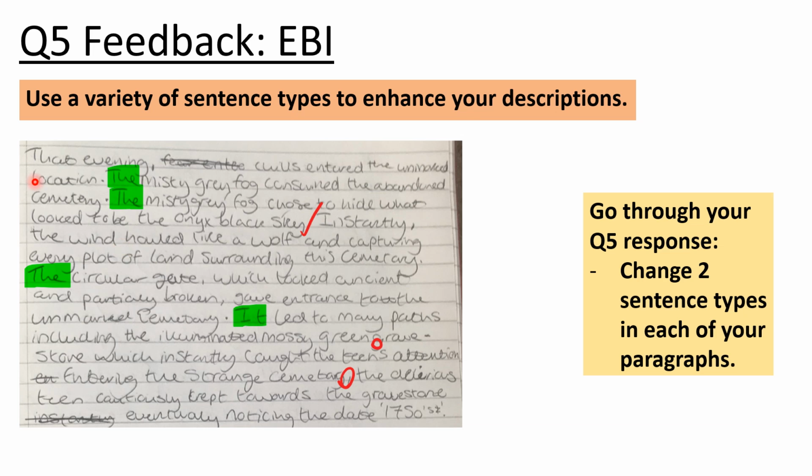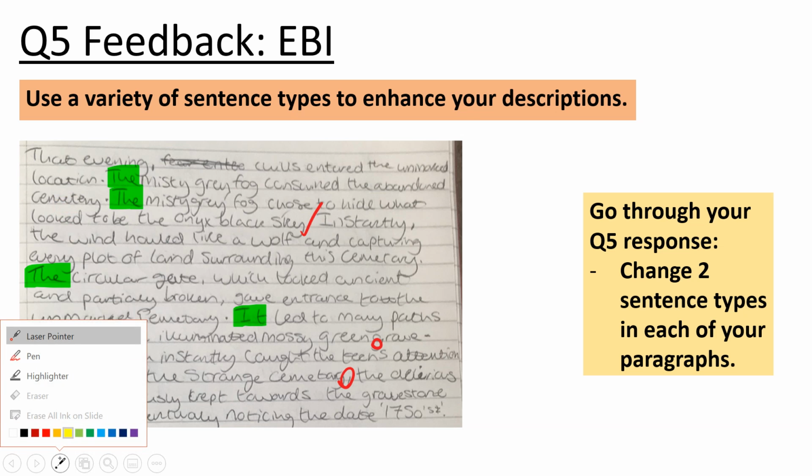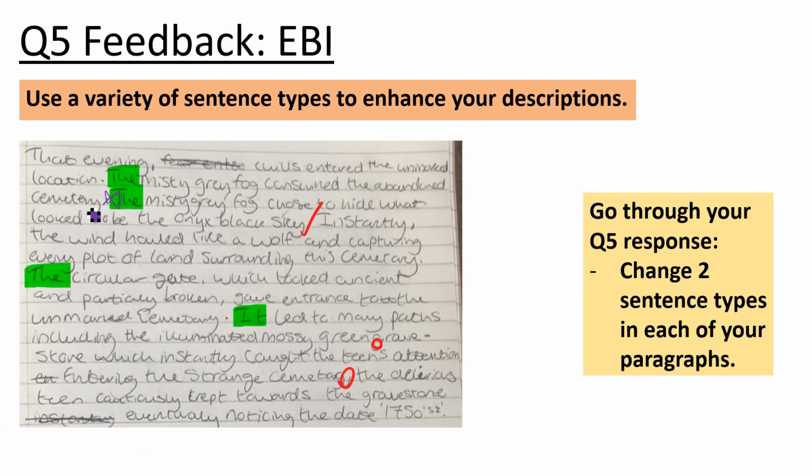So I've written, that evening, Chills entered the unmarked location. The misty grey fog consumed the abandoned cemetery. So I'm going to grab my purple pen, and I'm just going to do a little star. Imagine this would be the margin. And I'm actually going to use an adjective to start the sentence.